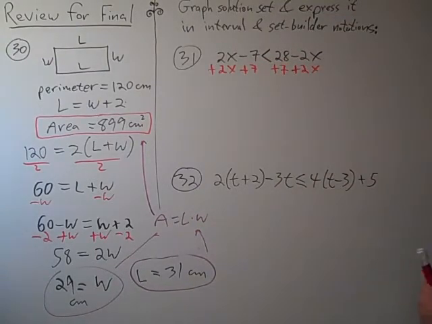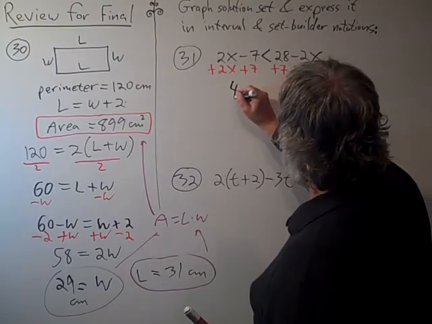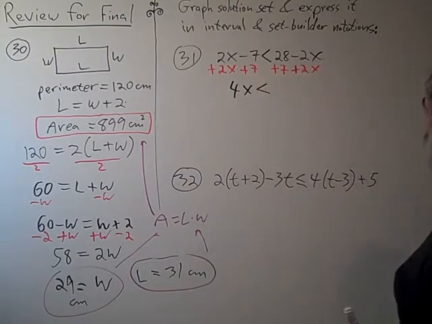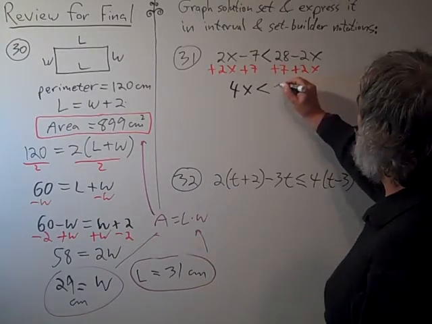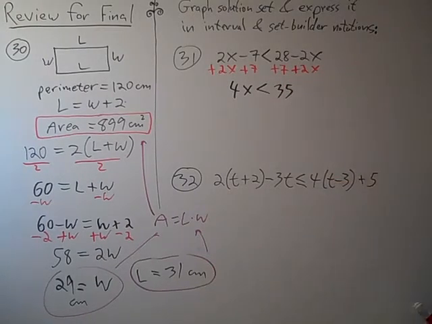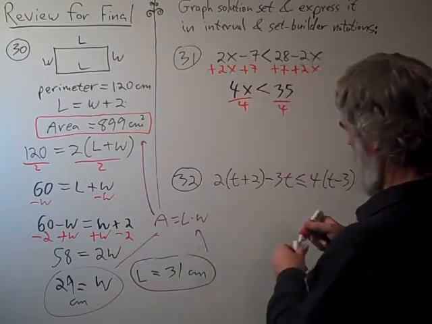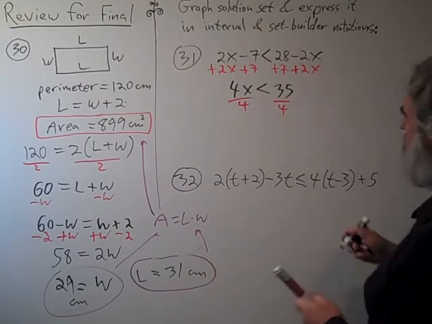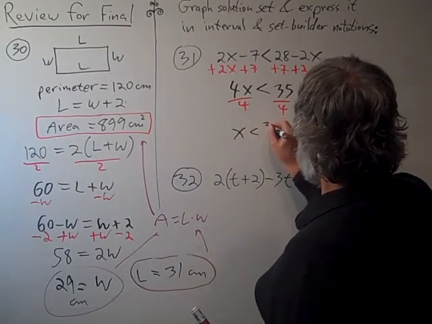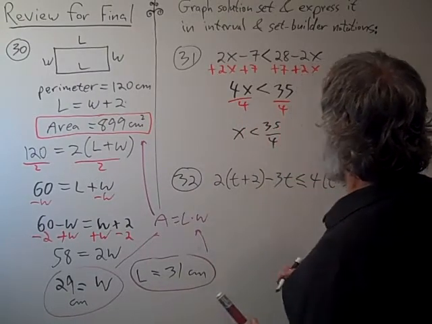The result is we have 4x is less than 28 plus 7, 35. Then dividing both sides by 4, we get that x is less than 35 fourths.